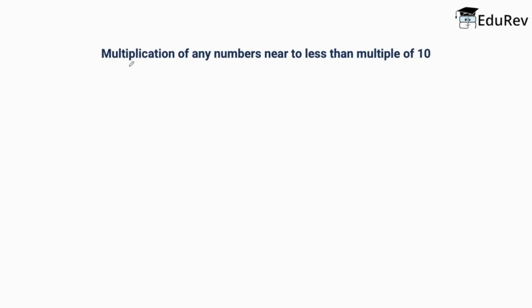Now let's start with the concept of multiplication of any numbers near to or less than a multiple of 10. So again, I'm going to write the steps first and then we will solve it with the help of an example.